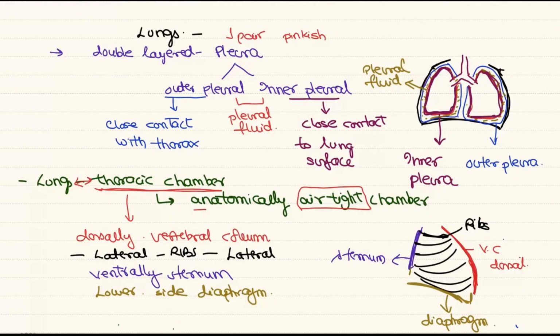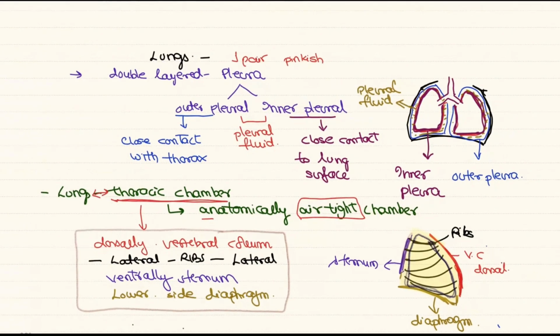So as you can see, this is the thoracic chamber, which consists of the vertebral column, the sternum, the diaphragm, and the ribs, which completely cover the thoracic region. In between these, the lungs are present, and thus this becomes the airtight chamber.